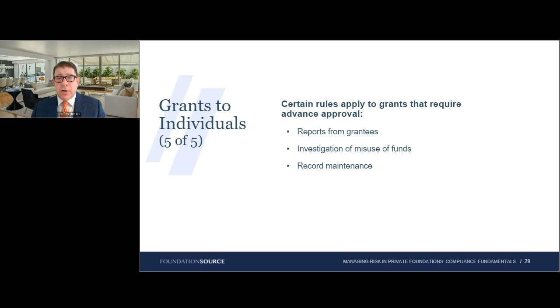For scholarship and fellowship grants, there's a shortcut for satisfying the reporting and investigation requirements. Those requirements are deemed satisfied as long as the grant funds are paid directly to the college or university, the educational institution.